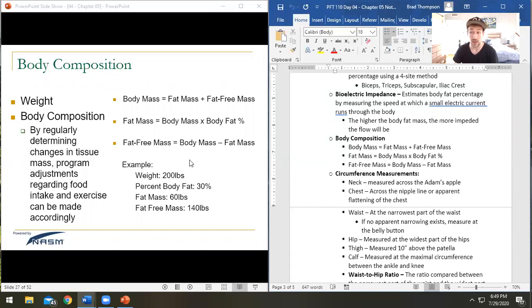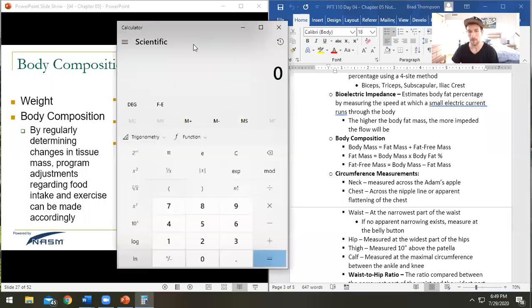Now, in order to figure out your fat-free mass, all you need to do is subtract your fat mass from your body mass, right? And so you go body mass minus fat mass. They have a lean body mass of 140. And this is really great, because let's say this client here is on like a weight loss program, right? Let's say we put this person on a reduced calorie diet and they drop 10 pounds, right?